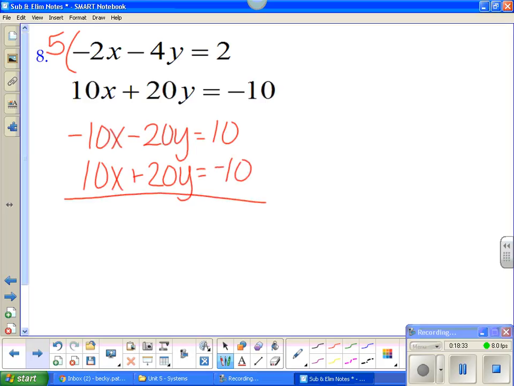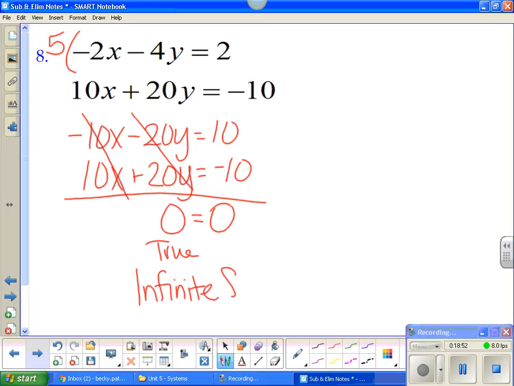And then you can see it. These are going to cancel and these cancel. So I have 0 equals. The question is, what happens on the other side? Well, these 10s also cancel. So I get 0 equals 0, which is a true statement. So this is infinite solutions.